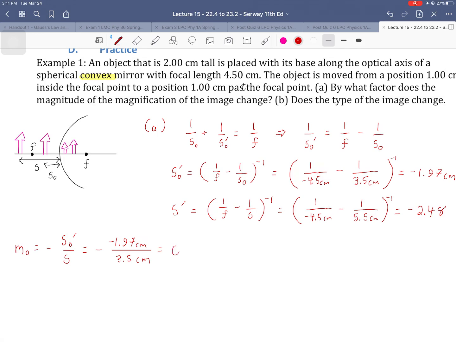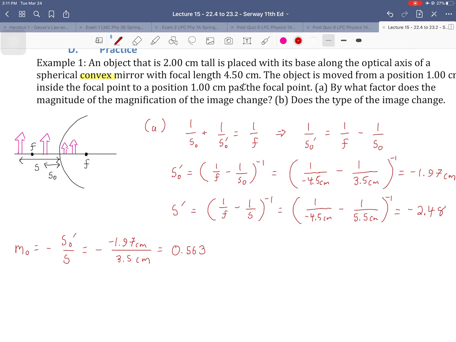Okay, and so then that has a magnification, which will be positive because the negatives cancel out, of 0.563. So how do we interpret that magnification, right? Because I showed you the formula in the previous video, but the interpretation is so key. Well, again, the sign, the fact that it's positive, tells us that we have an image that is upright, which also tells us the image is virtual.